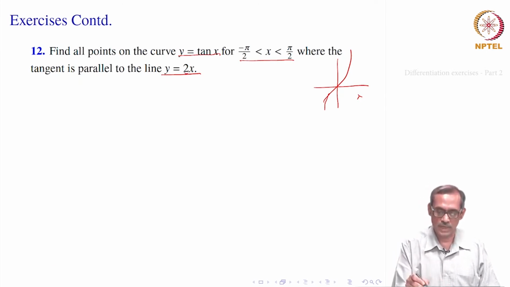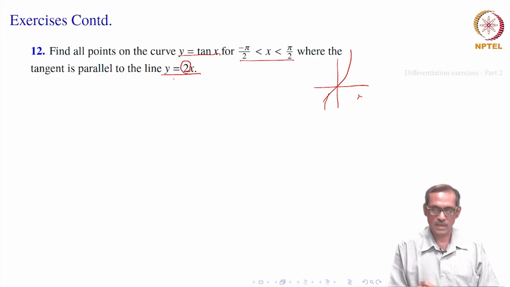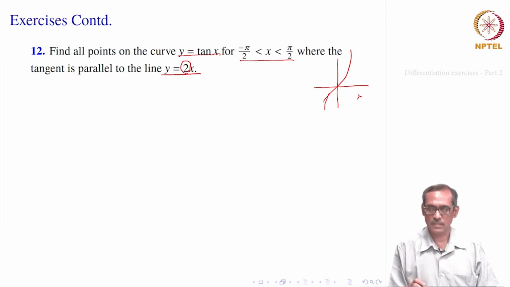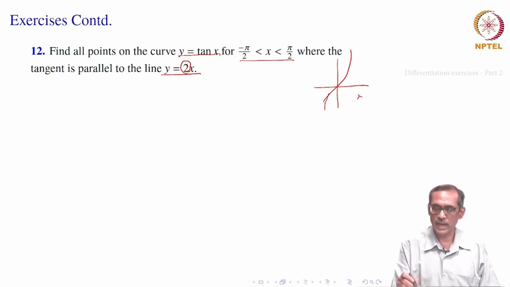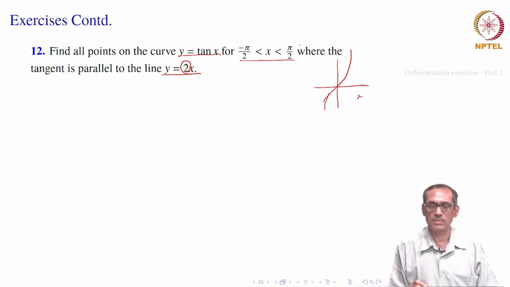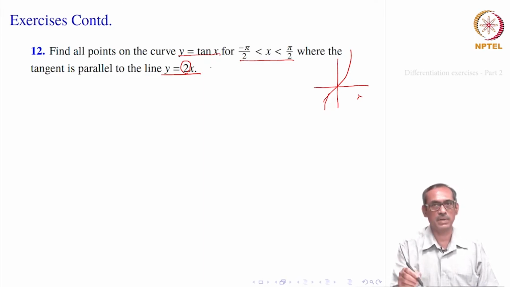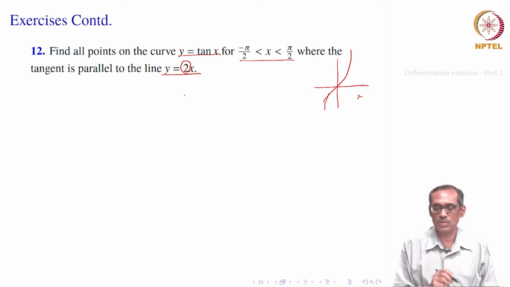Its slope is 2, really; y equal to mx, right. That means its slope will be m at that point. If that point is (a, b), first of all it will satisfy b equal to tan a, where a is in between minus pi by 2 and pi by 2. Second thing is the slope: the derivative of this evaluated at that point (a, b) would give us 2. These are the two equations we get.